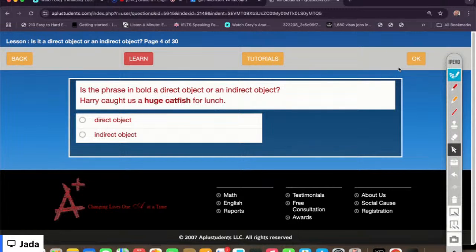Okay. So we have Harry caught us a huge catfish for lunch. So what do you think is this one?